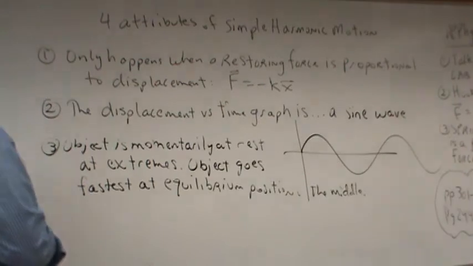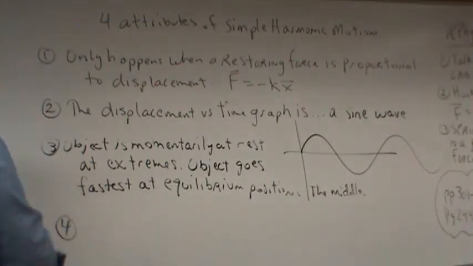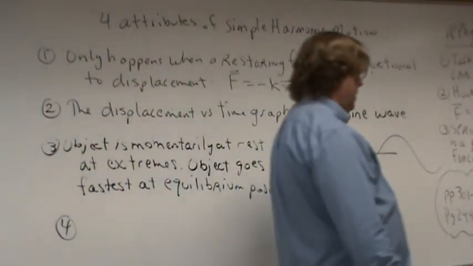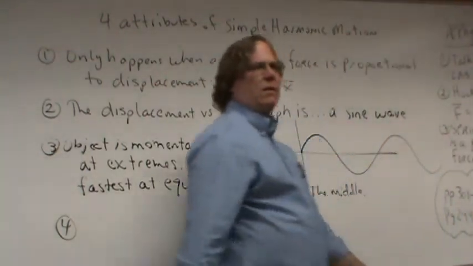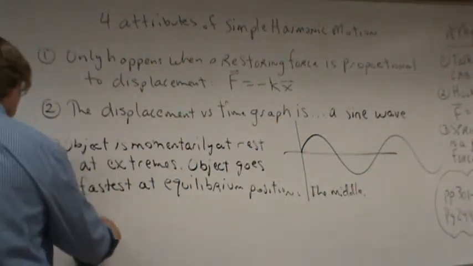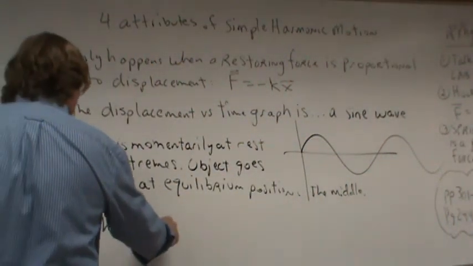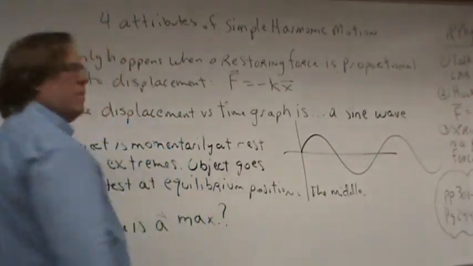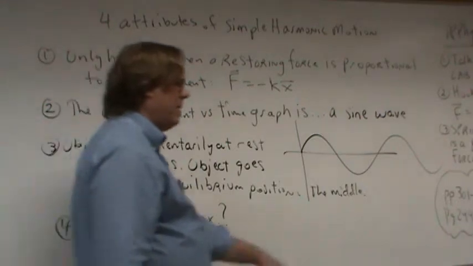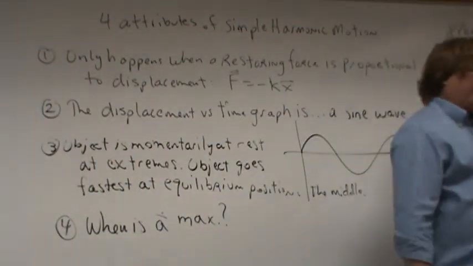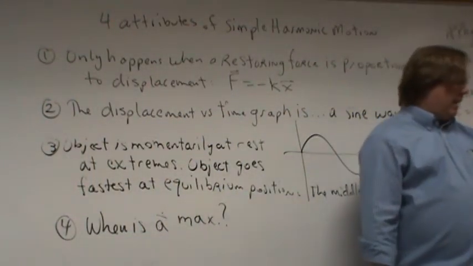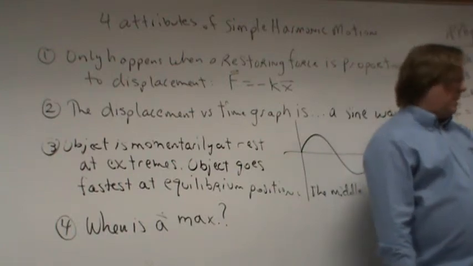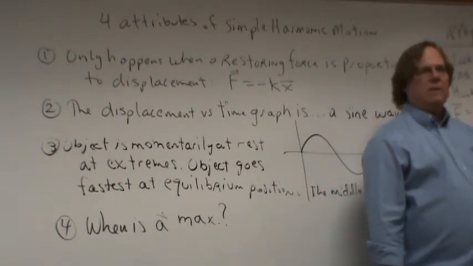And I have to apologize, I can see I'm running out of time, so I'm going to have to go really fast. When is the acceleration maximum? Well, I'm just going to have to give it away. There's a formula relating force and acceleration. That formula is F equals ma.